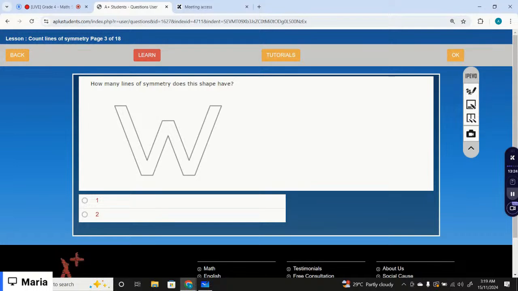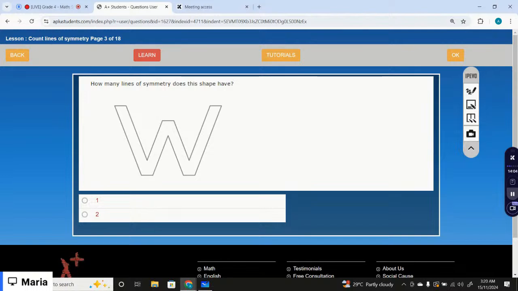How many lines of symmetry does this shape have? Which is the correct option? Only one line of symmetry, right?